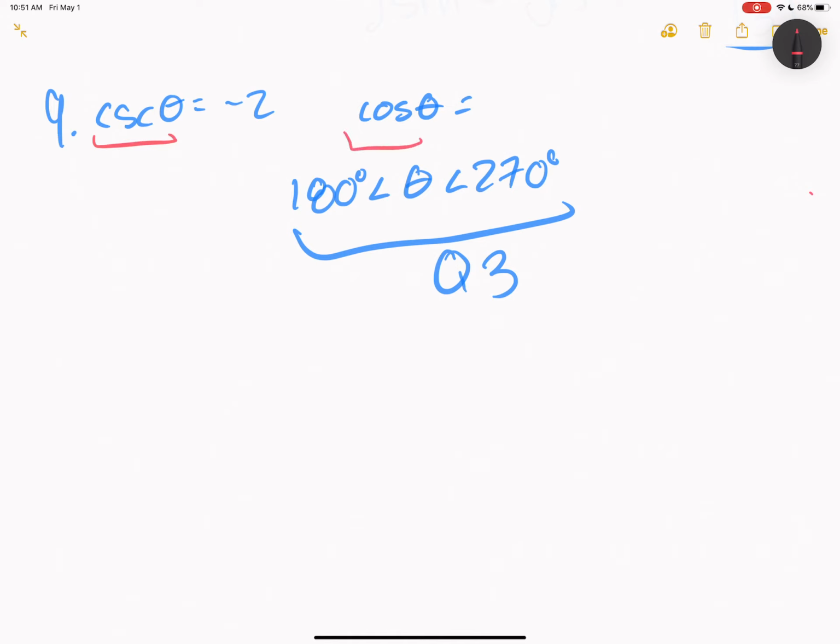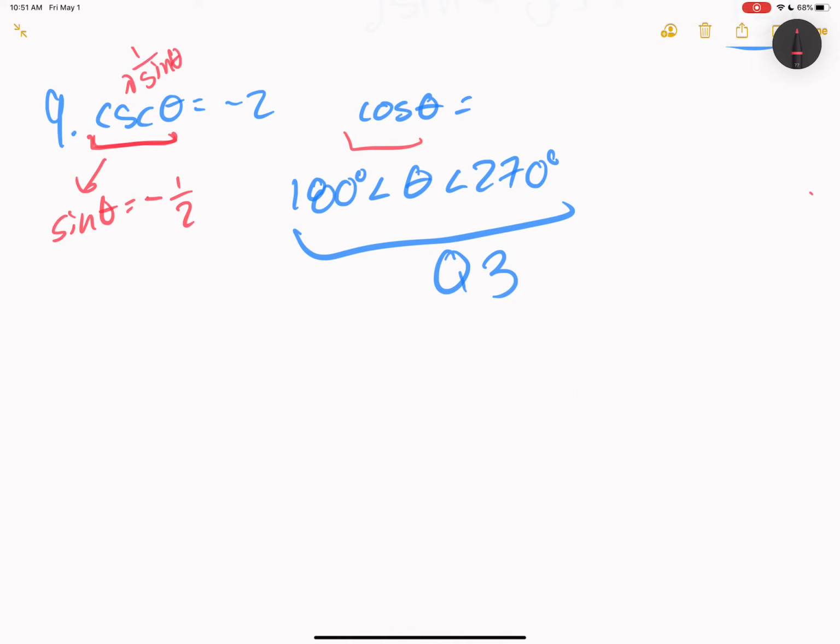Since I'm focusing on cosine, we should convert cosecant. If you guys remember, cosecant is 1 over sine, right? So that tells me that sine theta, if I flip it, should equal negative 1/2. If cosecant is negative 2, then sine, the reciprocal of it, should be negative 1/2.